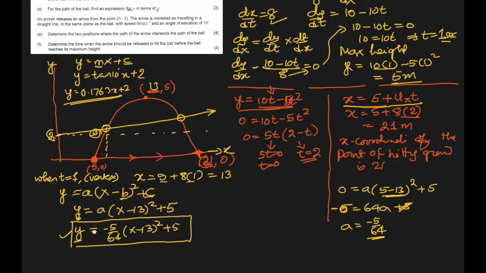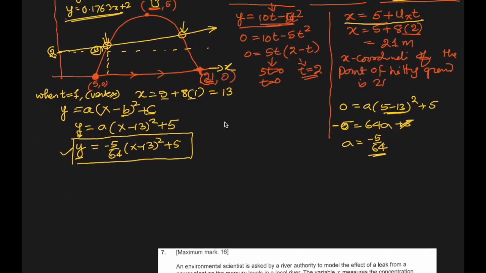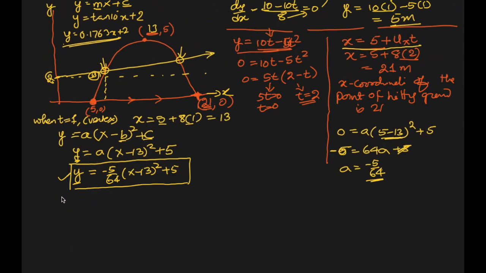Since y components are equal, we can equate them to find the x components of this, because I'm eliminating y, both are y's here, I'll find y later. So let me do this one. I can write this one here. So minus 5 over 64 (x minus 13) square plus 5 equal to 0.1763x plus 2.